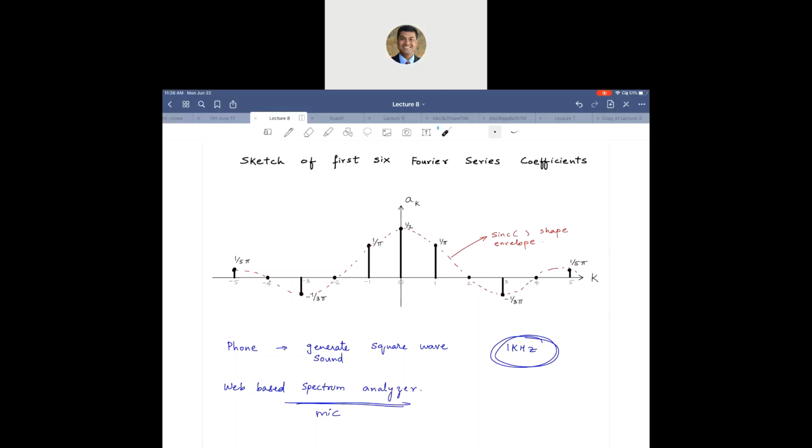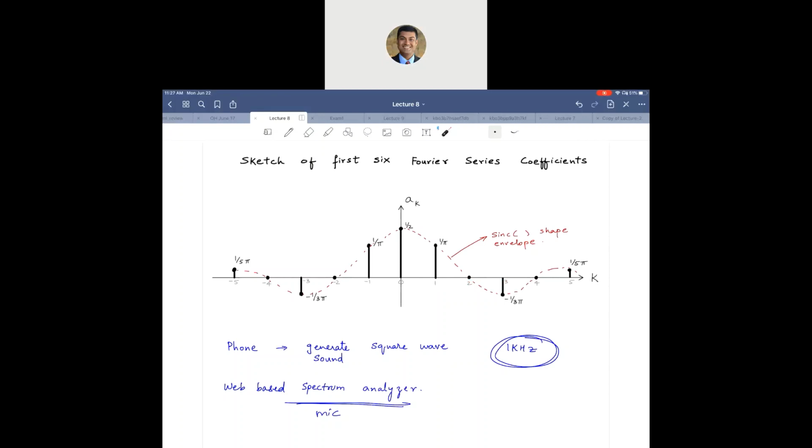Now, k is related to the frequency, right? Because we are saying this is 0, this is at 1 omega naught, this is at 2 omega naught, this is at 3 omega naught.